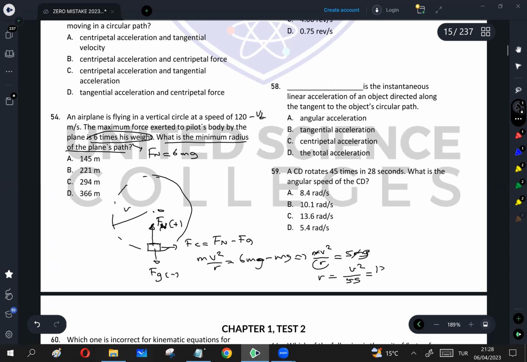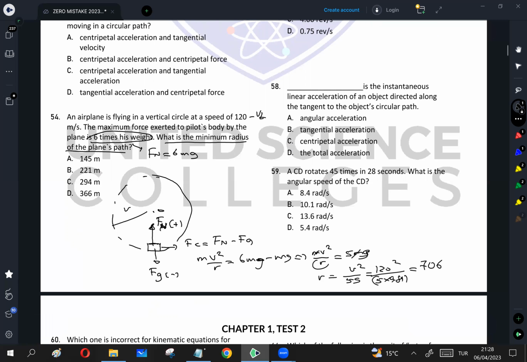v is 120 squared, 5g is 5 times 9.81. So let's calculate the answer: 120 squared divided by 5 times 9.81. Answer is going to be 706.